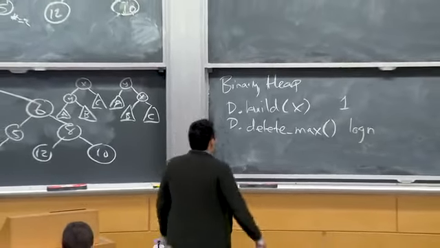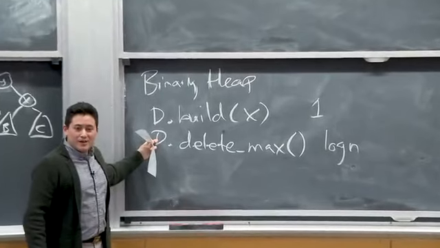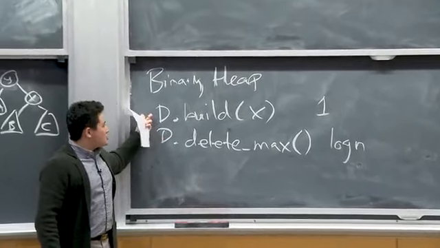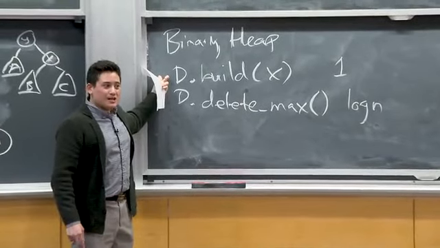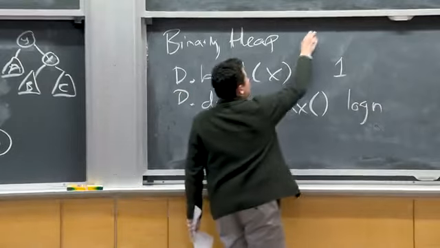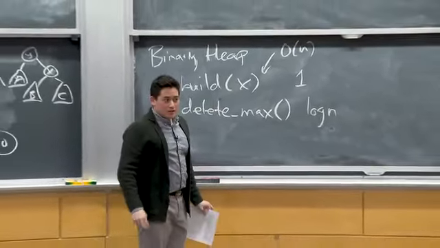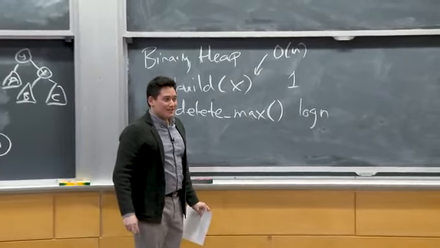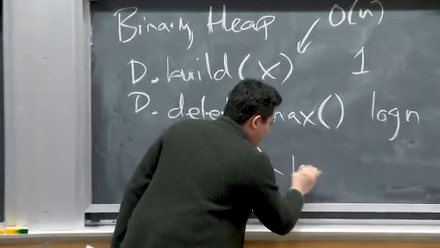Now for a sorted array or a set AVL tree, this operation kind of kills me already, it takes n log n time. The nice thing about a binary heap is it does this operation in linear time. You will see that on Tuesday. And it does this operation in log n time.